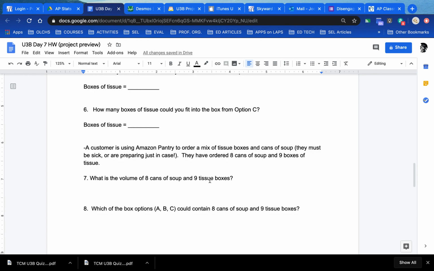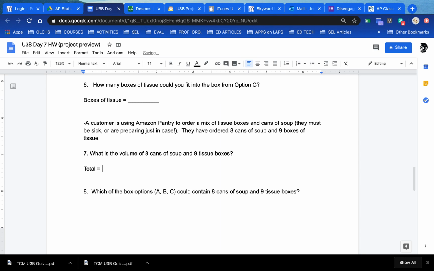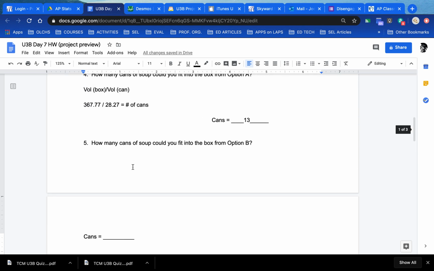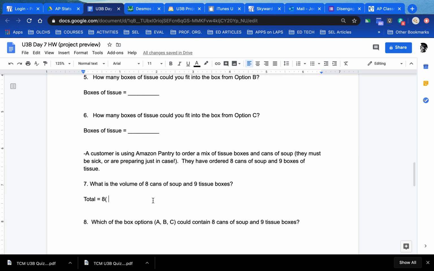9 tissue boxes. So all you have to do here to find the total volume, it's going to be the volume of 1 can times 8 plus the volume of 1 tissue box times 9. So if you remember, cans of soup, they had a volume of 28.27.